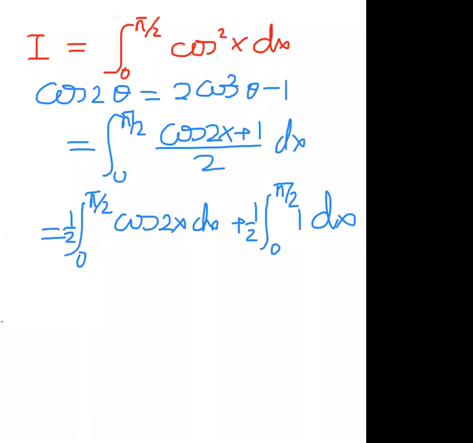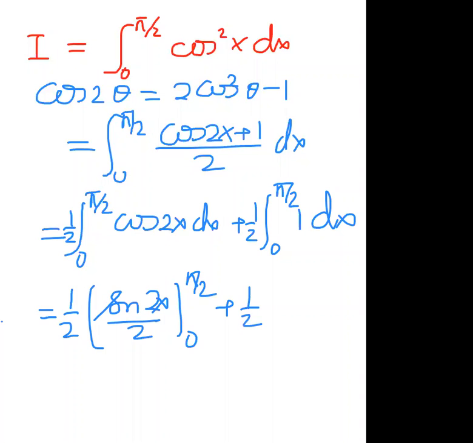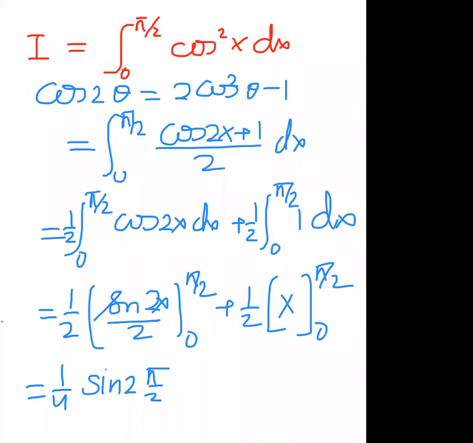Now the integral of cos 2x will be sin 2x by 2 for the limit 0 to pi by 2, plus 1 by 2 times the integral of 1 dx. The integral of 1 will be x, from 0 to pi by 2. It will become 1 by 4 times (sin 2 pi by 2 minus sin 0) plus 1 by 2 times (pi by 2 minus 0).